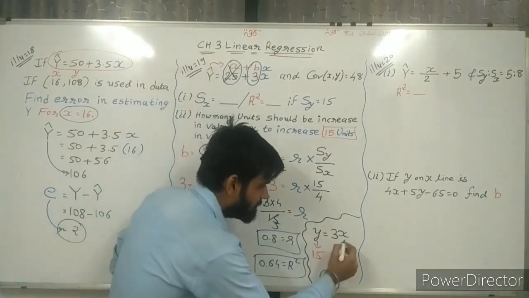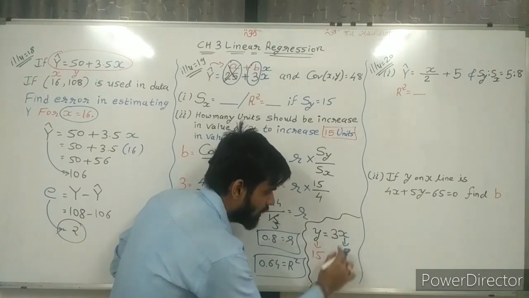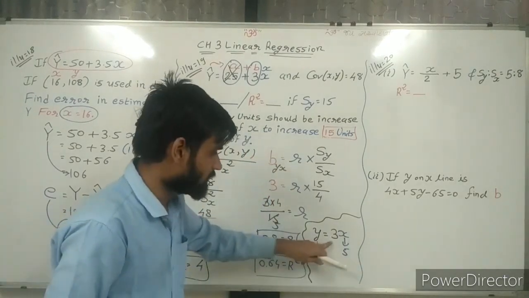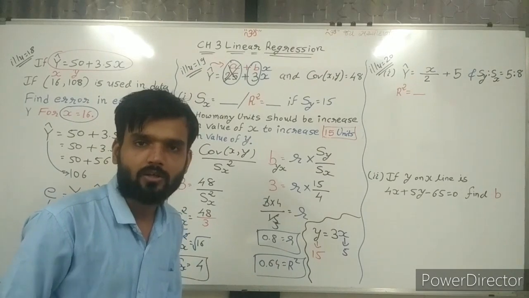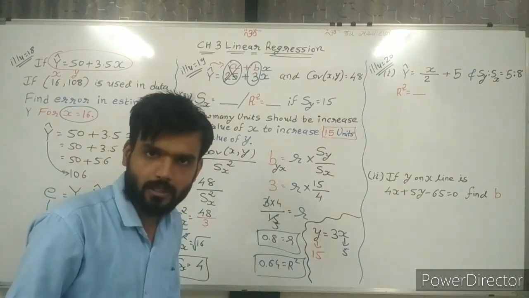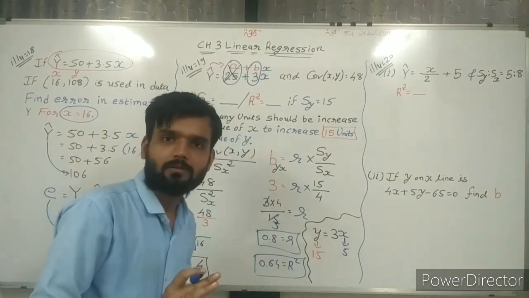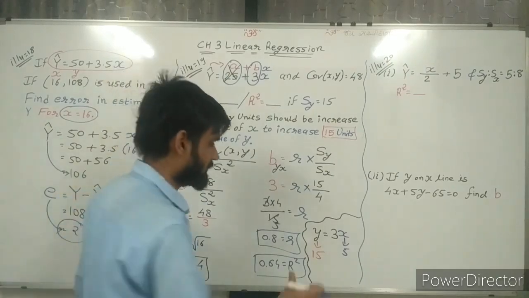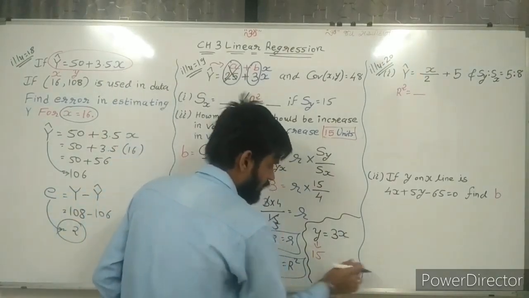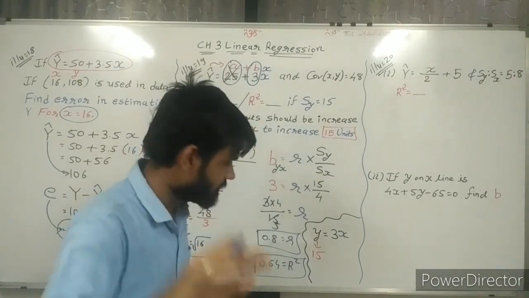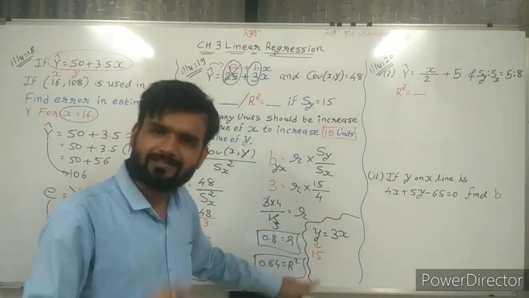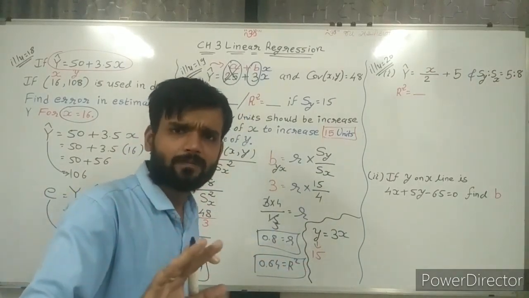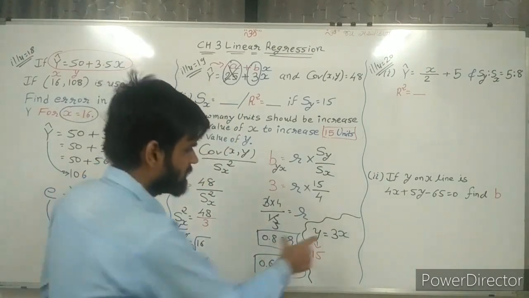If I place the value of x as 5, then 5 3s are 15. Simple. It's a concept. Now, in a simple way, what can we do? When x increases by 5 units, y increases by 15 units. That is my answer.